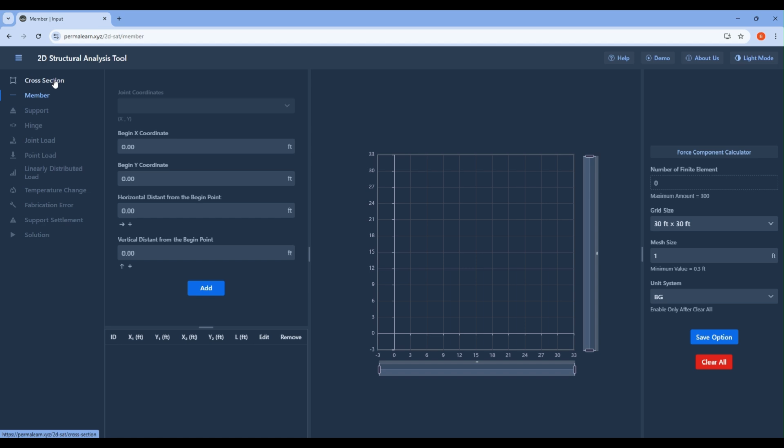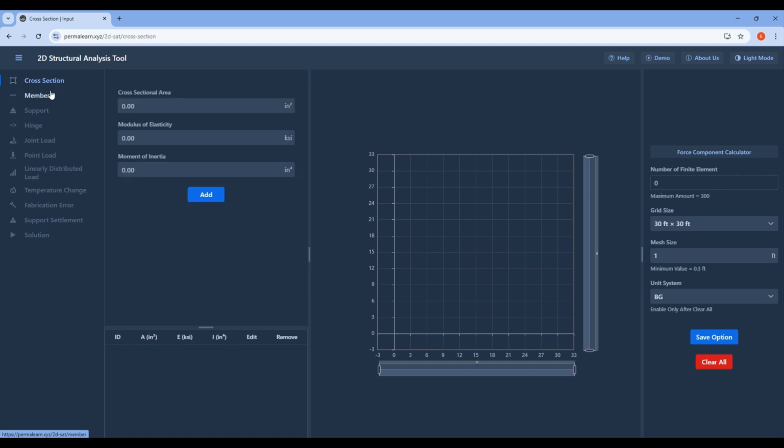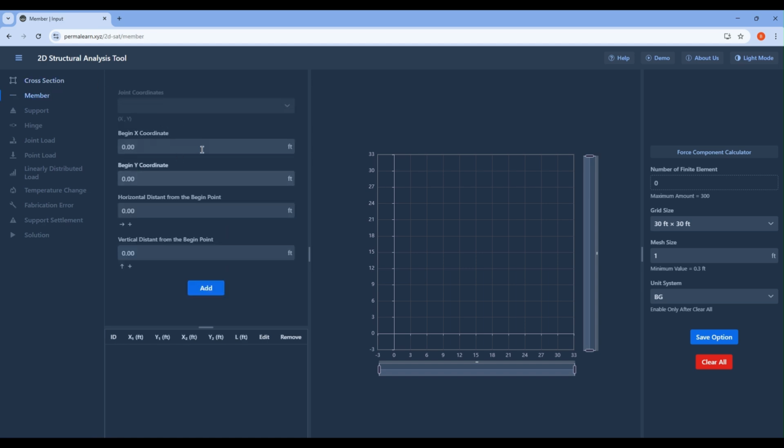It doesn't give us any cross section, so we can skip it. And moving on to the member. I want my member to start from x equal to 0 and y equal to 0. So just moving toward 10, and from point B here going forward 5.